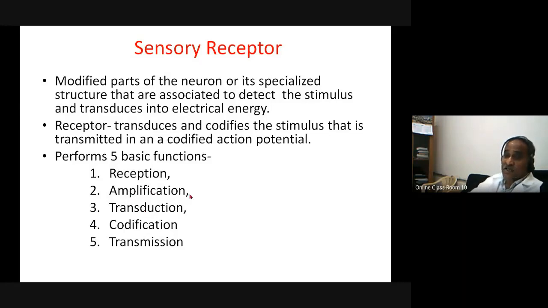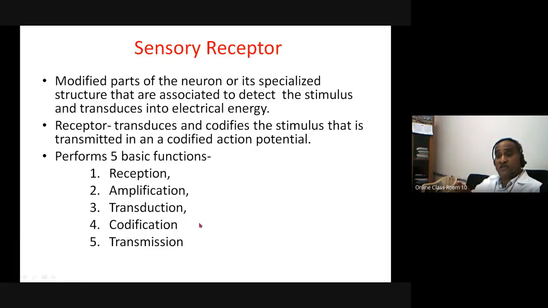This leverage makes them stimulated easily, and that will transform one form of energy to electrical energy. Here it is only electrical energy in the nerve. Then this electrical energy is traversing as action potential in a particular burst or particular pattern.